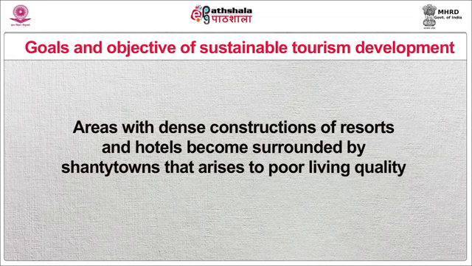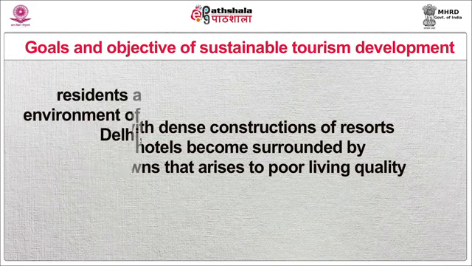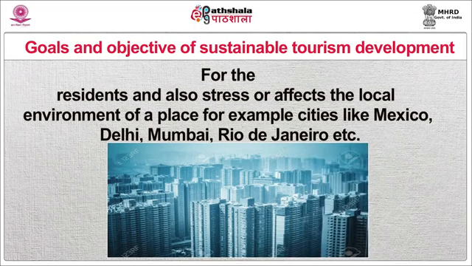Areas with dense construction of resorts and hotels become surrounded by shanty towns that lead to poor living quality for the residents and also stress the local environment of a place. For example, cities like Mexico City, Delhi, Mumbai, Rio de Janeiro, etc.